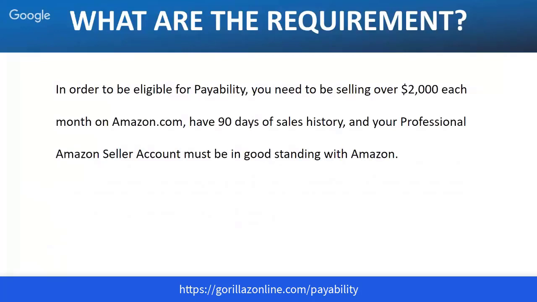You must have 90 days worth of sales history, and you must be a professional Amazon seller account, which is in good standing with Amazon. In other words, it's not currently suspended. That's it. So if you're doing over $2,000 a month and you've had that for 3 months, you're good to go.